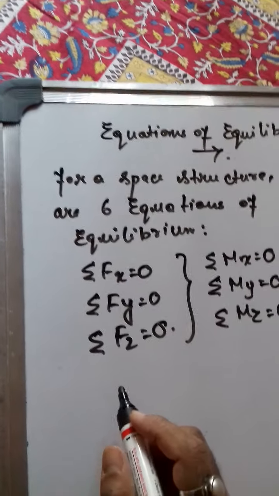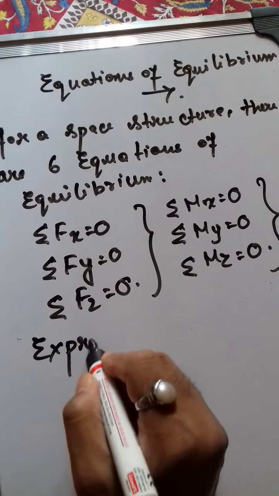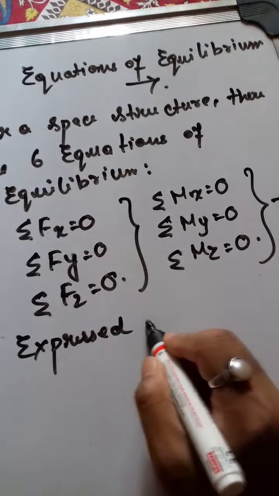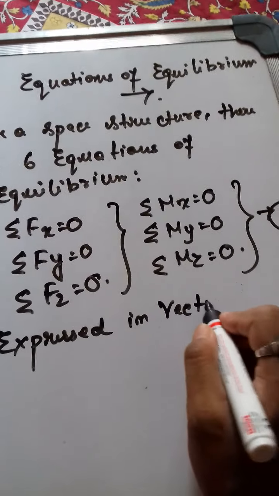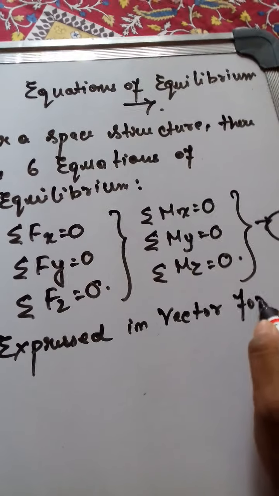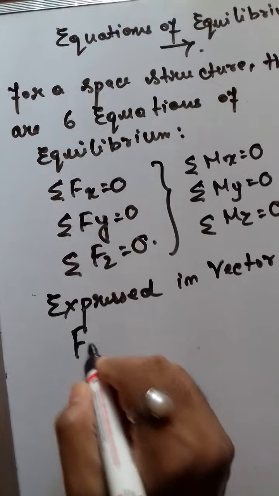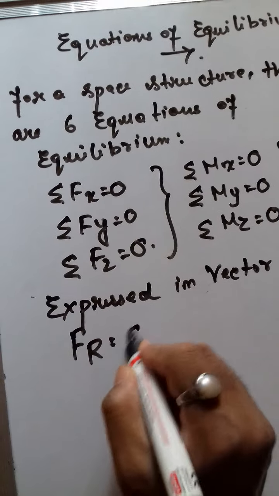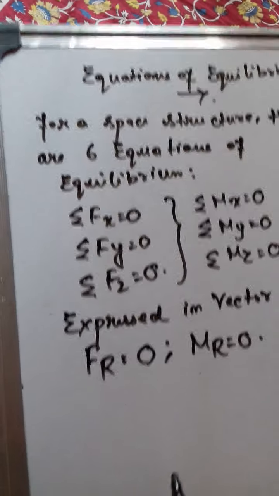Now if you express this in vector terms, what you will get is the summation of resultant force equal to 0 and summation of moment equal to 0.